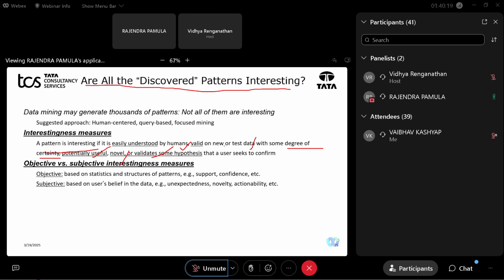So the objective interestingness is based on the statistics and structures of the pattern, where we calculate support and confidence, and we try to find out the subjective interestingness, like user belief in the data.